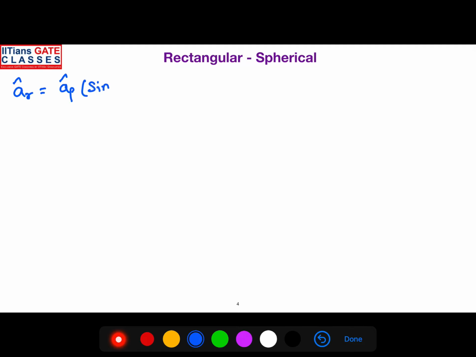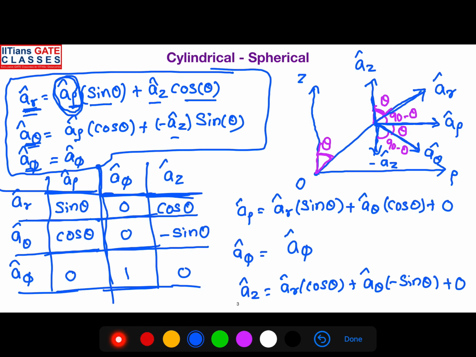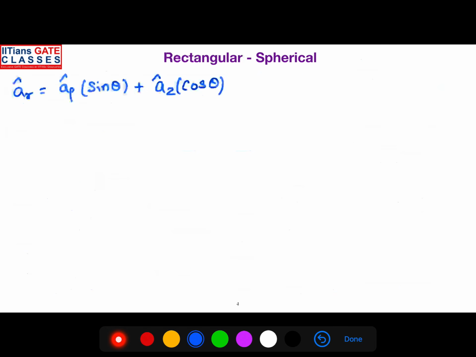A R cap is the first equation you got in the previous slide: a rho into sin theta plus az into cos theta. And we already know that the a rho component is basically ax into cos phi plus ay into sin phi. This is the first conversion we have seen. So replace a rho in terms of that, multiplied by sin theta, plus az cap into cos theta.